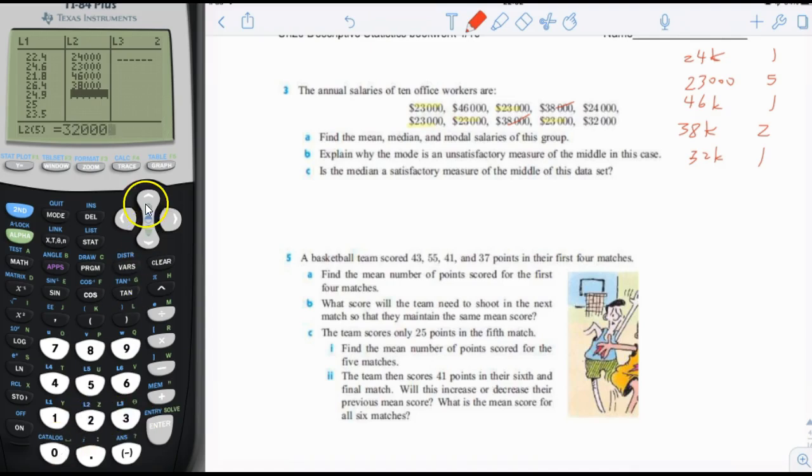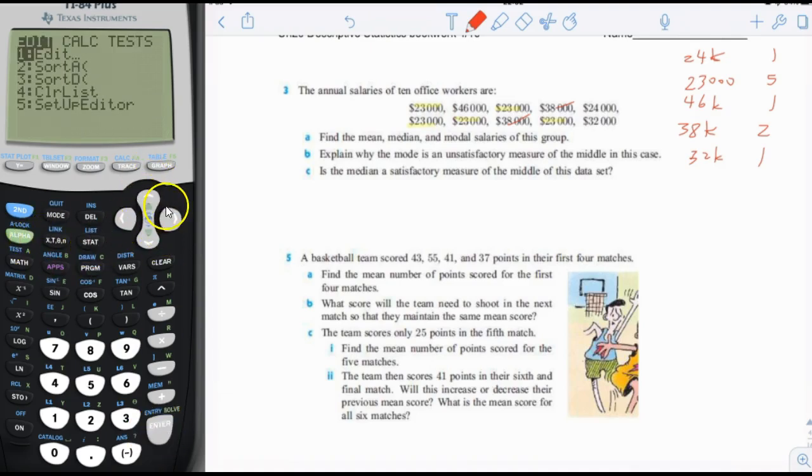Then I go over to the frequency column, and I put all the frequencies: 1, 5, 1, 2, 1.